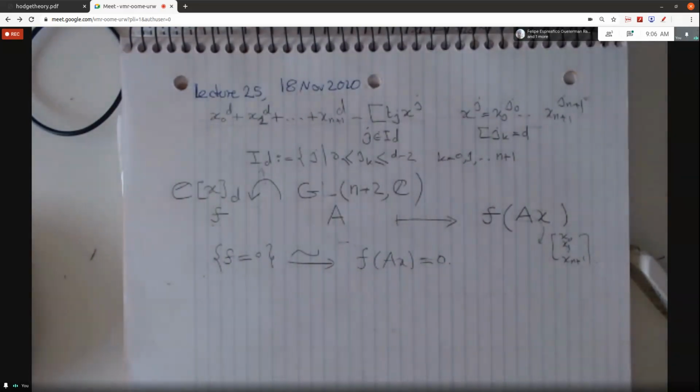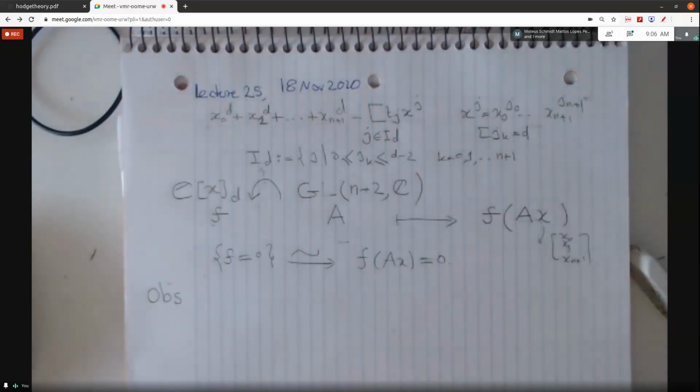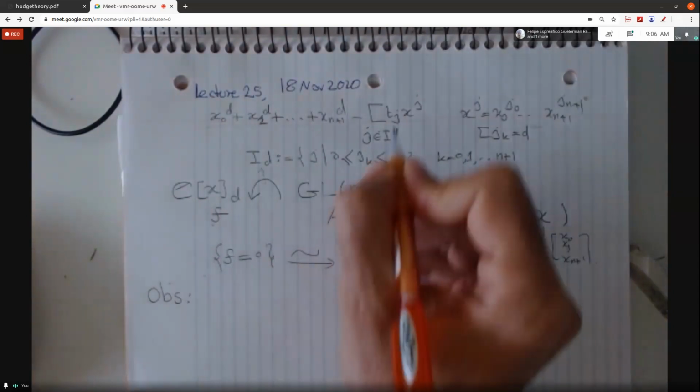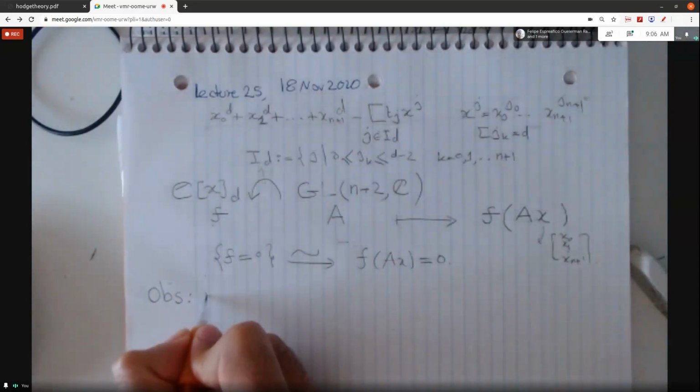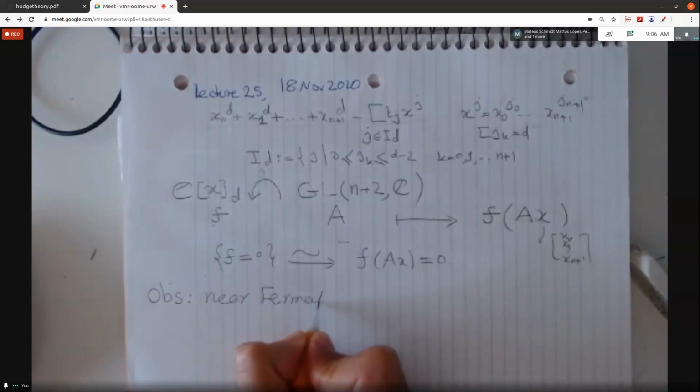And it turns out that maybe one observation we can make is why this perturbation appears near Fermat.